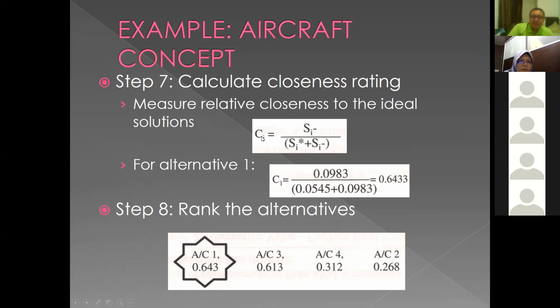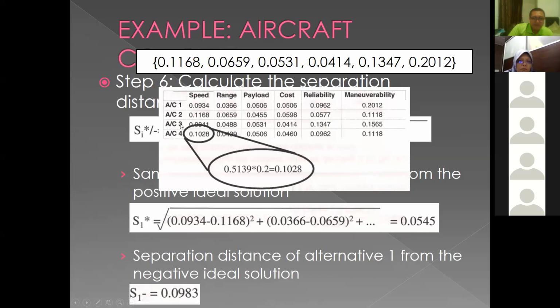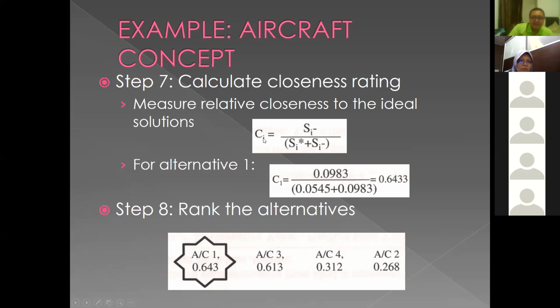Let's say it is for aircraft number 1, I represent the numbers of this one, we have 1, 2, 3, 4, right? So I can be C1, C2, C3, C4, for each alternative. Okay, this is the formula where you get this S1 negative.